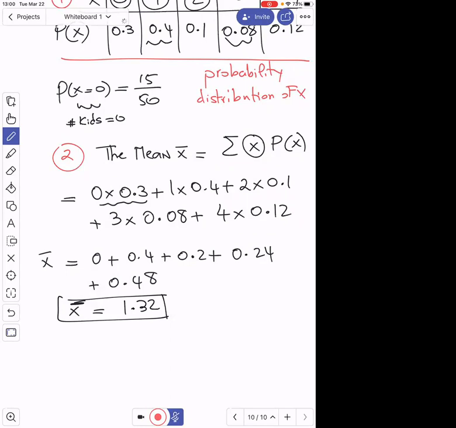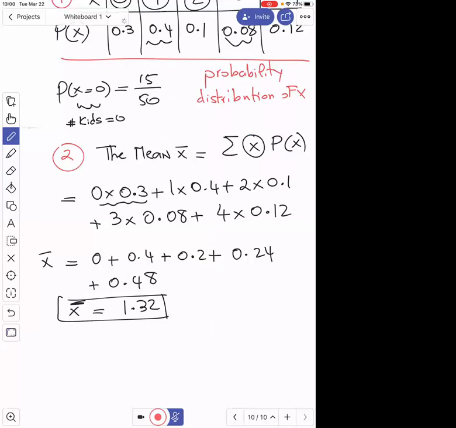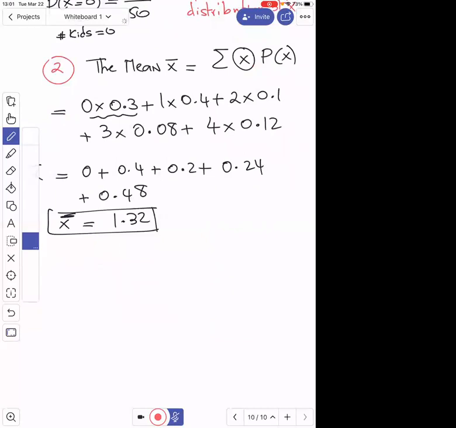Any questions so far, guys? Okay. All right. So that's for X bar. Now, next, the standard deviation, right? Well, we start with the variance. Let's start with the variance.